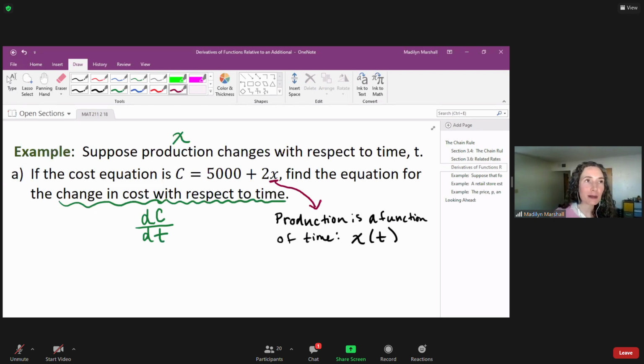So this means maybe you're selling more fleece blankets in November than you are in June. And so the amount of production that we are doing for whatever it is changes depending on the time. So we have to take this into account when we're looking at cost and revenue and profit.